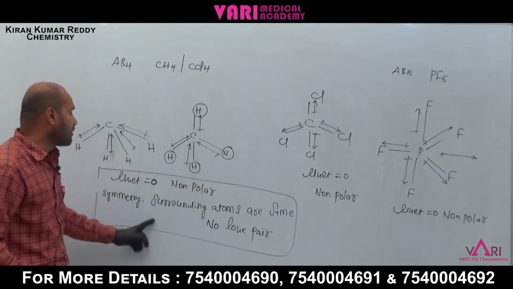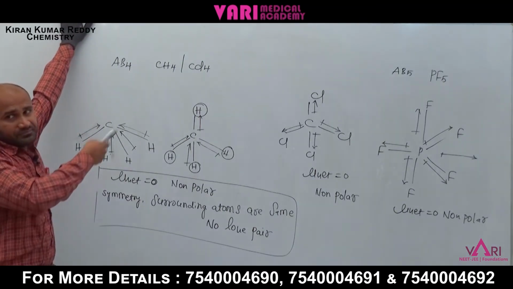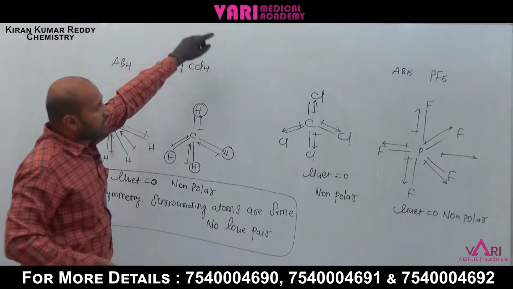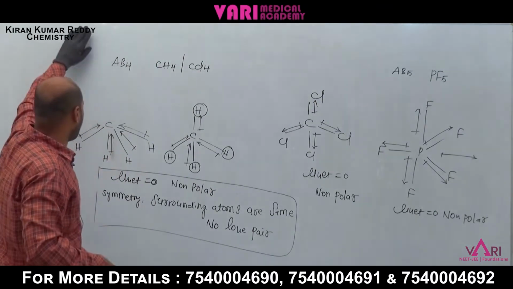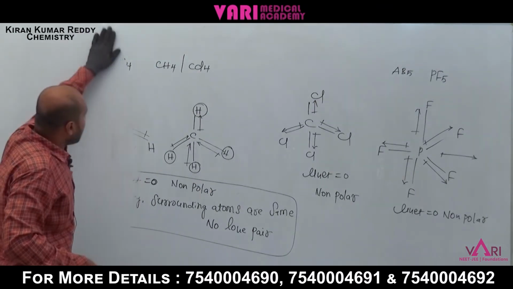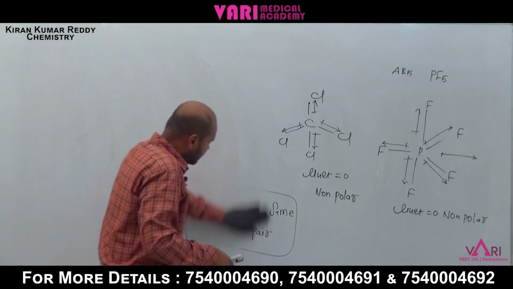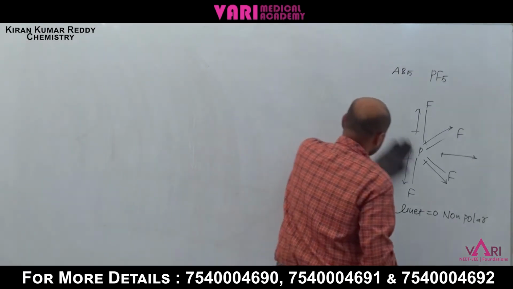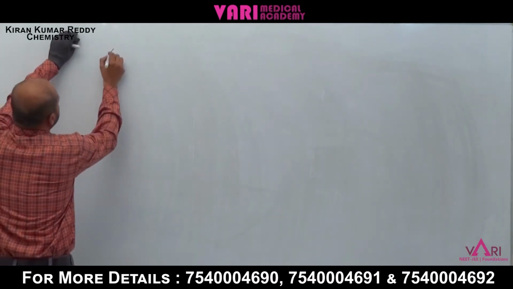That's why dipole moment is 0. Understand? You can take example PF5, methane and CCl4. If you take AB6 type, we can discuss AB6 type.